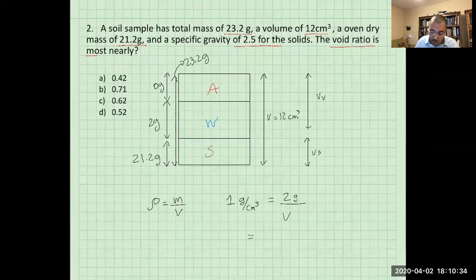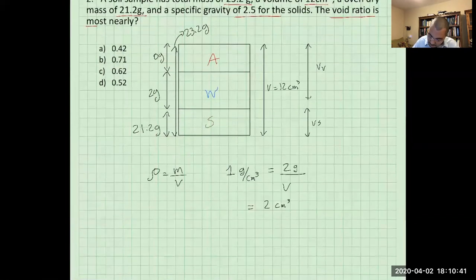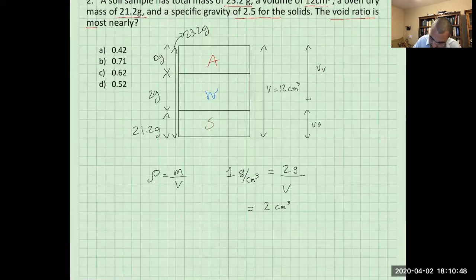So the volume will be 2 centimeters cubed, and that will be the volume of water. Let me rearrange this for a second. This is 2 centimeters cubed, the volume of water.